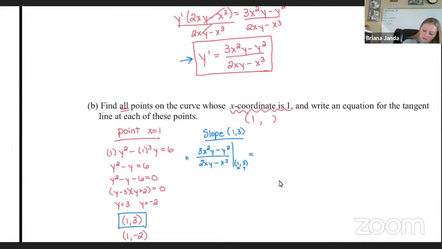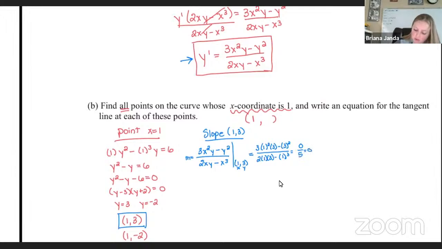And this is going to be the slope of the tangent line at 1, 3. So let's see what we get. Okay, well, in the top, I end up with 3 times 3 is 9, minus 9 is 0. And in the bottom, I get 6 minus 1 is 5.